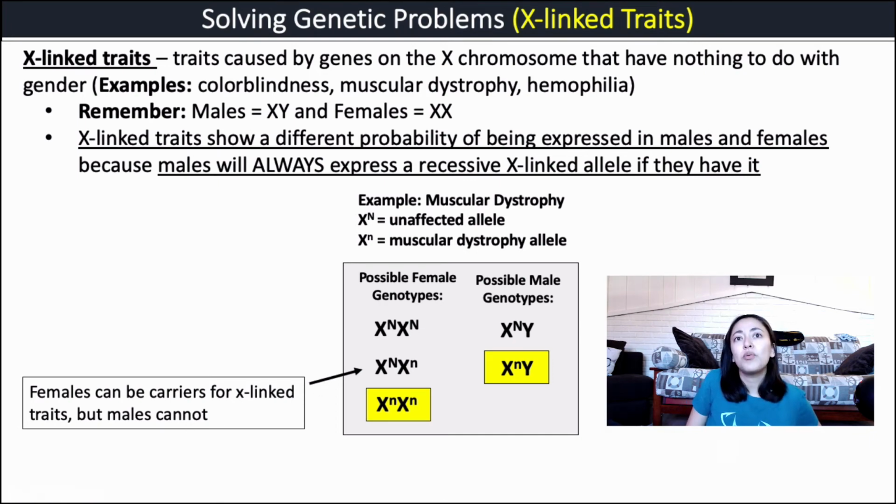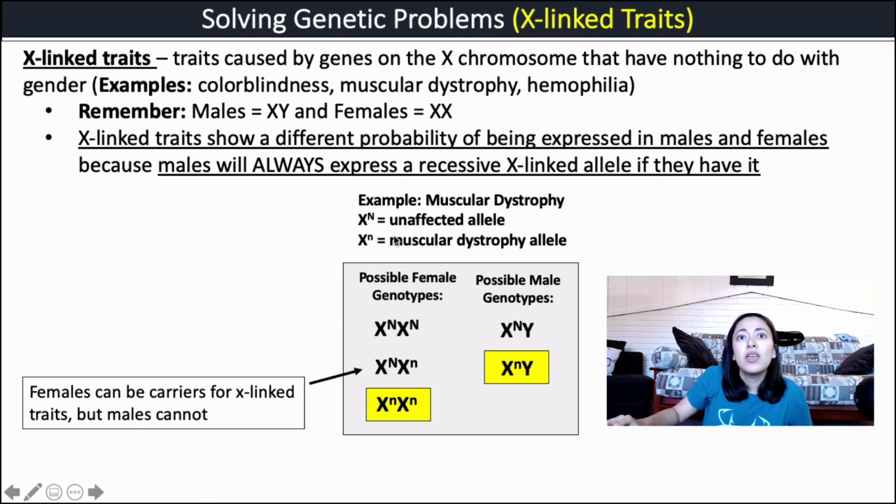Let's look at an example involving muscular dystrophy, which is a muscular degenerative disease. This is caused by a recessive X-linked allele. When you're writing out X-linked traits, you always want to include the X with it, and then write the allele as a superscript above it.